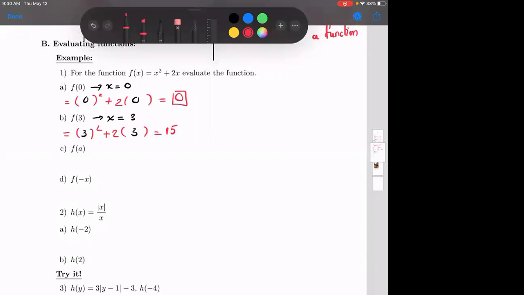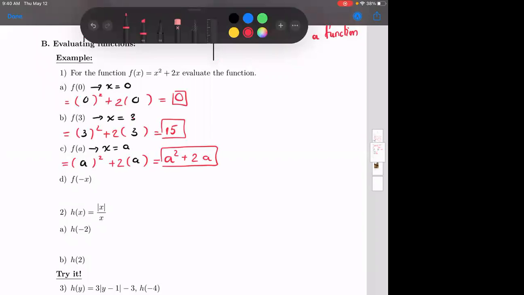F of a. Yeah, that's it. So a squared plus 2a. We box the answer.